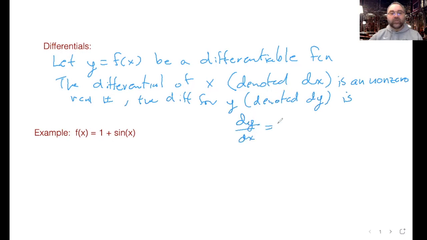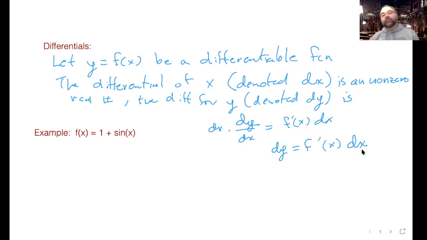Using our Leibniz notation, and using our Newtonian notation on the right-hand side, we'd say that's f prime of x. Well, here's what we're going to do. We're going to move the dx to the right side of the equation, like so. And we're going to show that dy, the differential of y, is equal to f prime of x times dx.